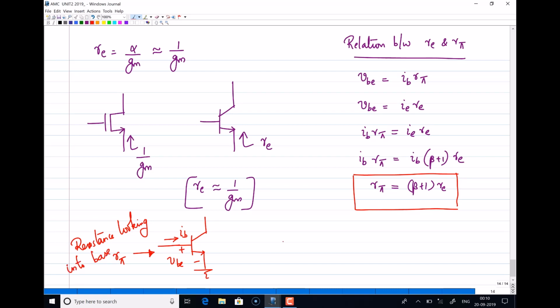Similarly, if this is VBE and this is IE, the resistance looking into the emitter is RE. So this is actually the resistance looking into the emitter.